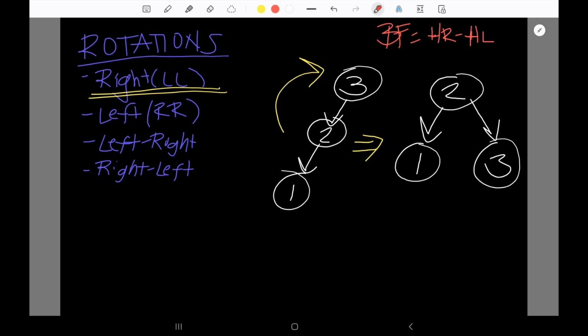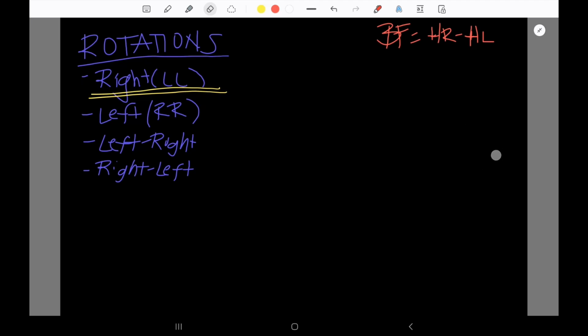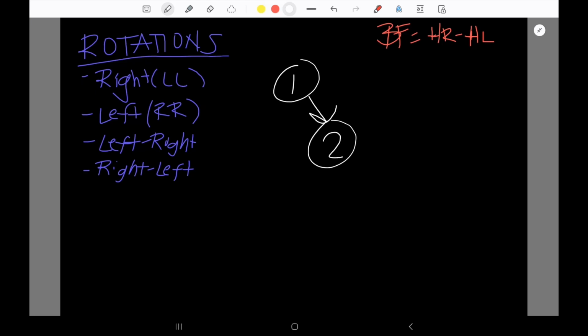We're gonna continue with left rotation, which is the complete opposite of right rotation. So left rotation is when all of the nodes are on the right side. So for example, we have 10, 1, 2, 3.